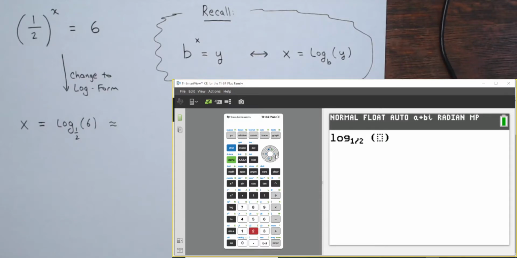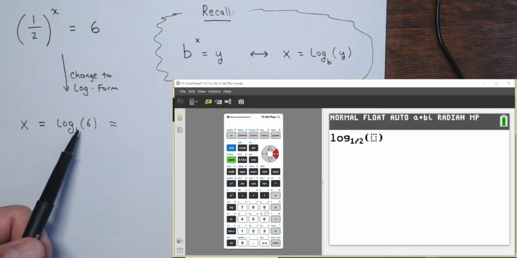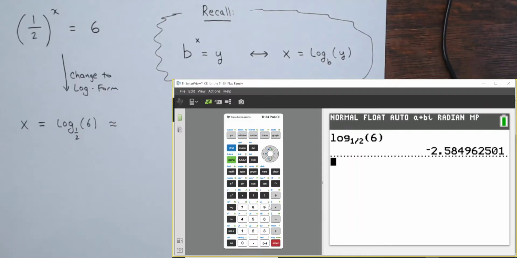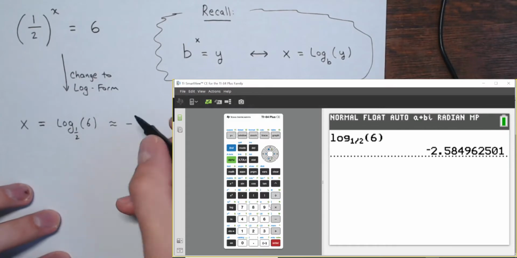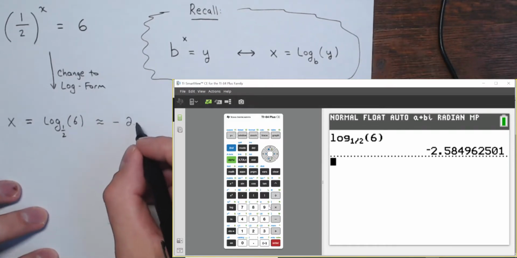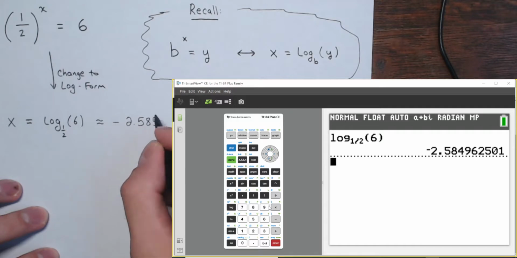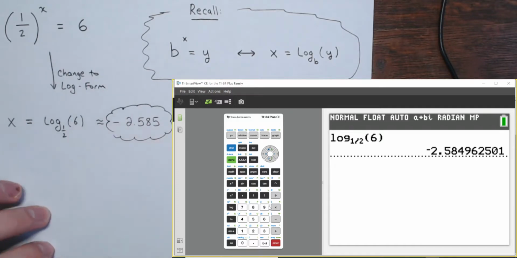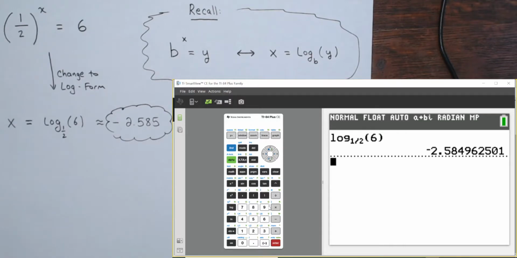So I put the base in there, and then the argument is 6. I'm taking the log base 1/2 of 6 and getting negative 2.5849. So that would be negative 2.585 if I round to 3 decimal places. Alright, and this is what they want.